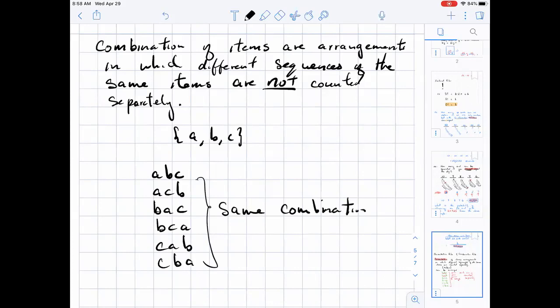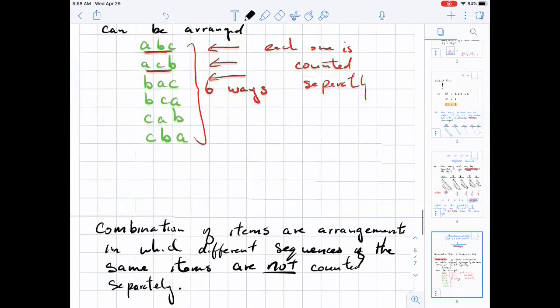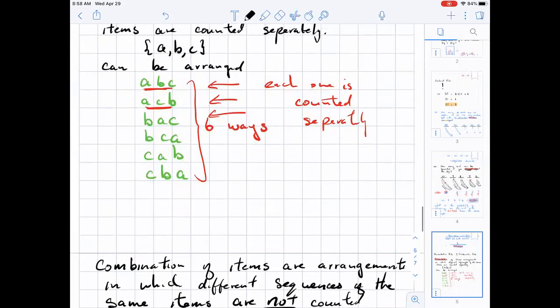Therefore, the number of ways here is just 1, whereas the number of arrangements for permutation was 6.